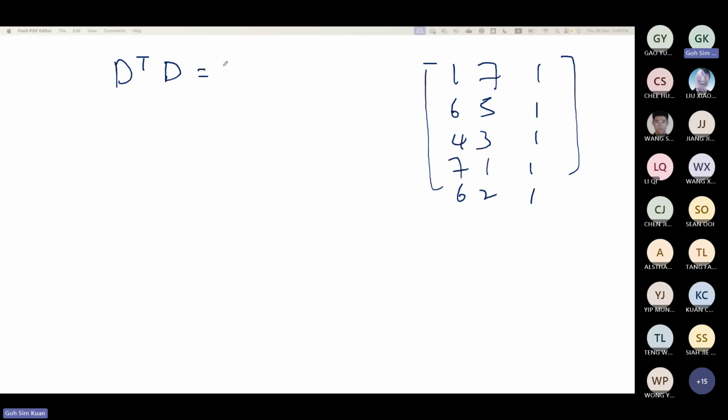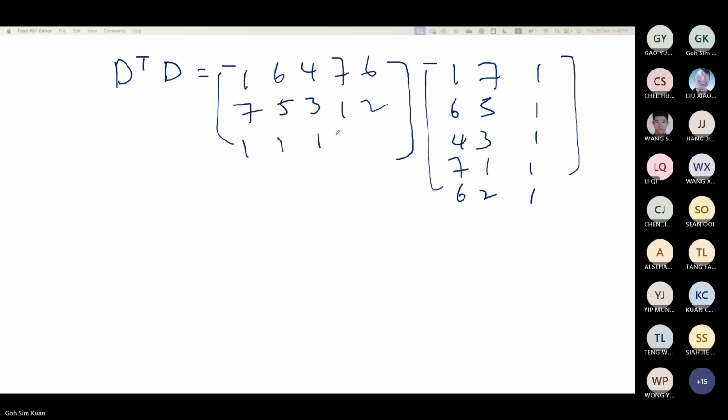And for the D transpose, I will simply need to compute the transpose of it. So how do we compute this with our scientific calculator?